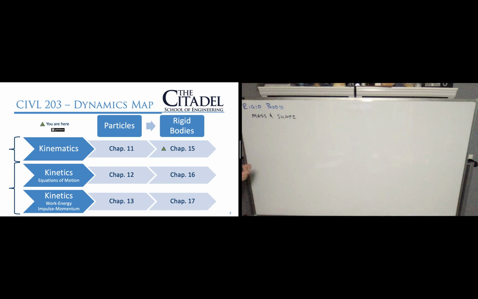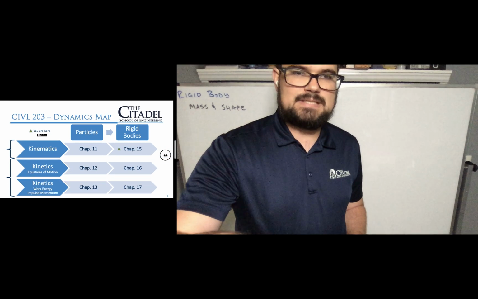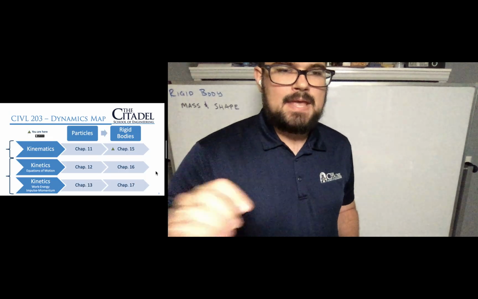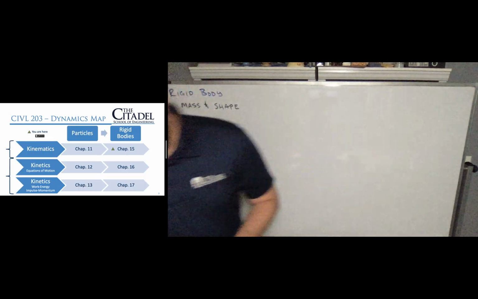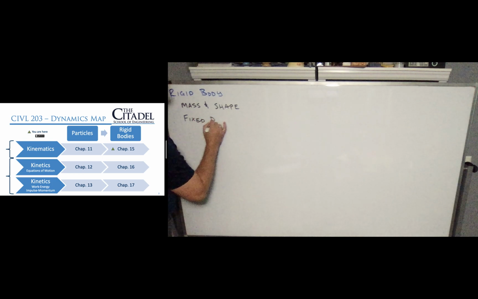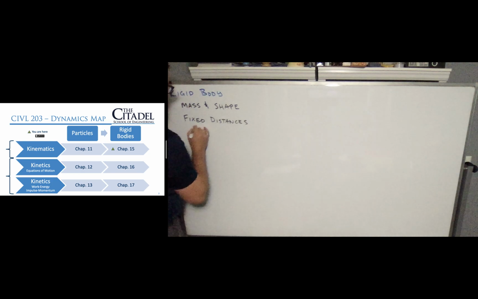All right, so mass and shape. The key to it being rigid is that we're going to have fixed distances between points on the body.